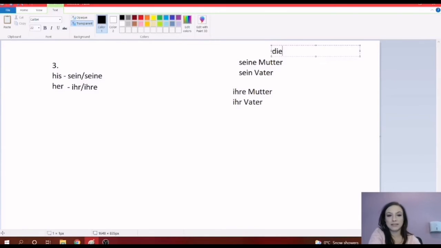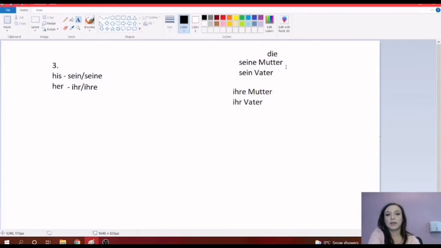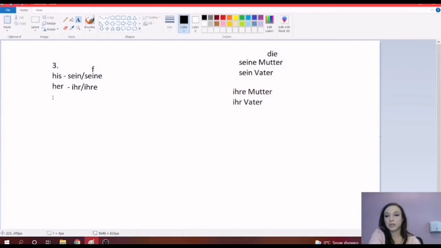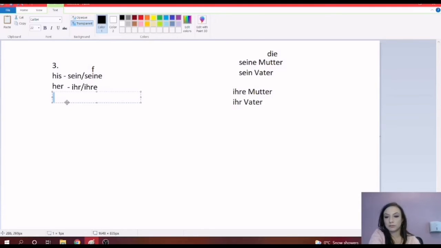So if I know that it's die Mutter, okay, then I take sein oder seine. Okay, so first that, and then I see, for his, it's sein oder seine, and then I take the form for, for example, the feminine noun. Okay, for its, it would be the same as for his, it's sein, seine.